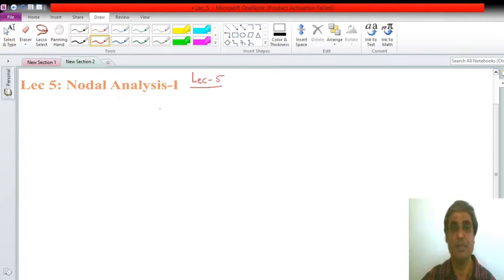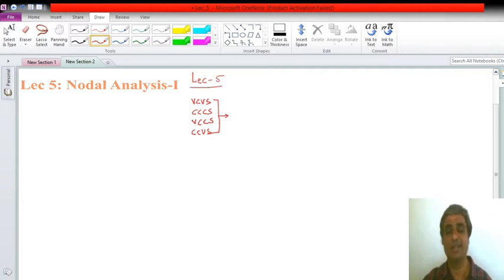Now we also know the dependent sources, that is voltage controlled voltage source, current controlled current source, voltage controlled current source and current controlled voltage source. These are the four dependent sources that generally are used in circuit theory courses.